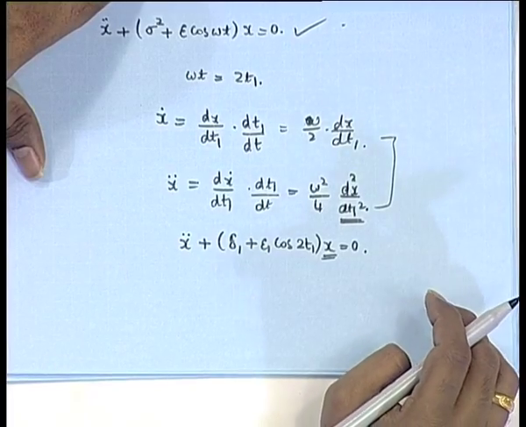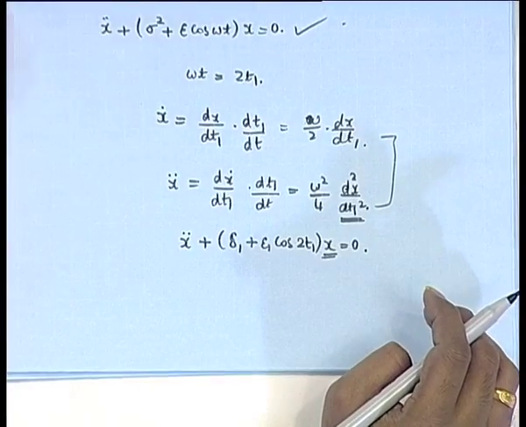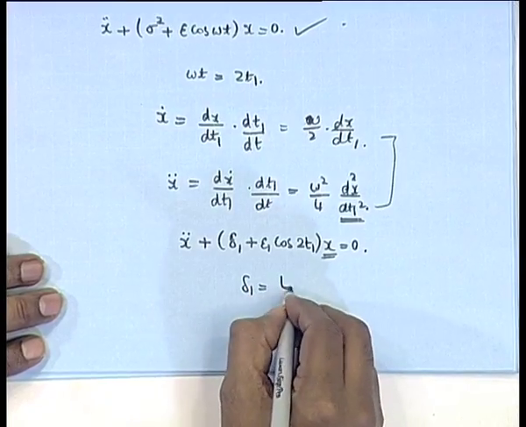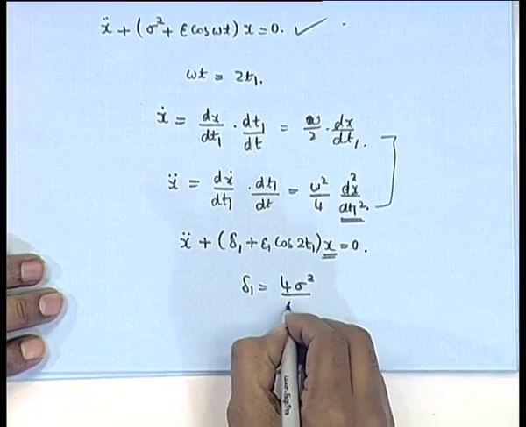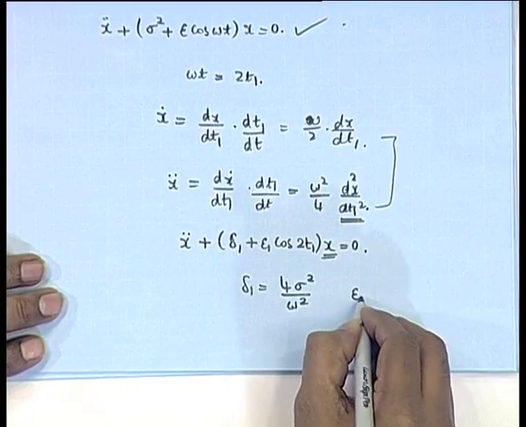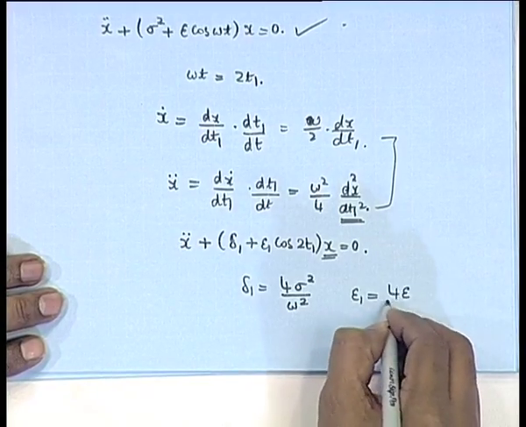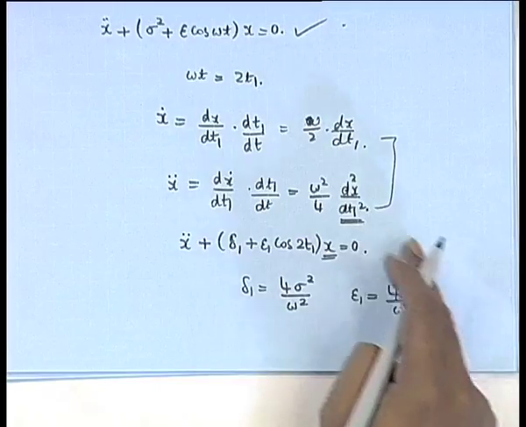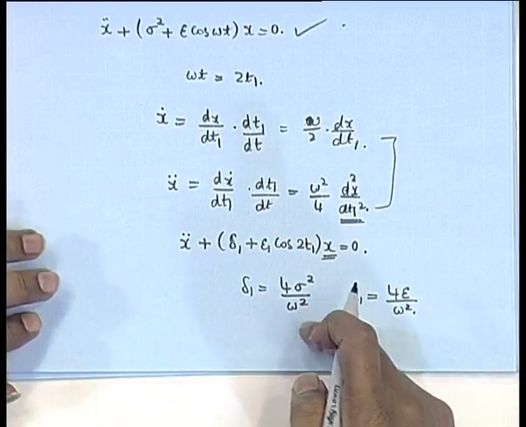Here, delta 1 will represent 4 sigma squared by omega squared, and epsilon 1 equals 4 epsilon by omega square. From this simple manipulation you will get these two values.